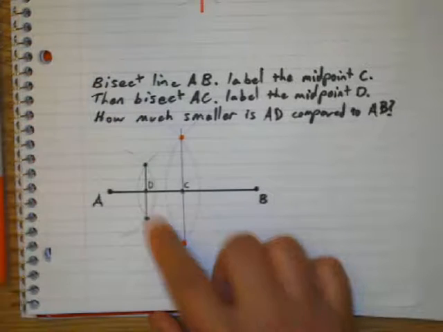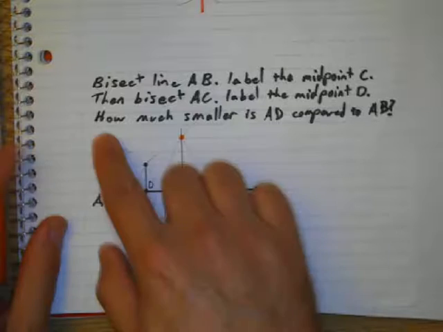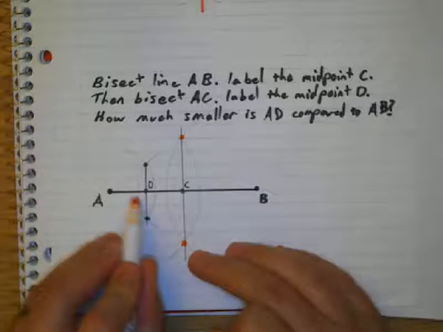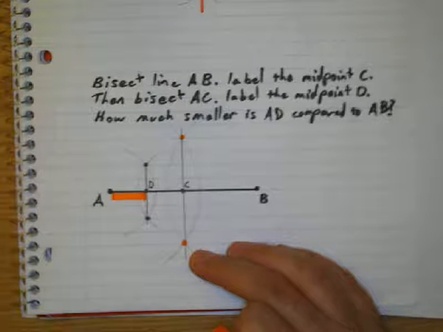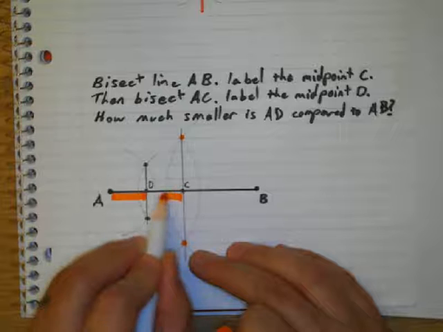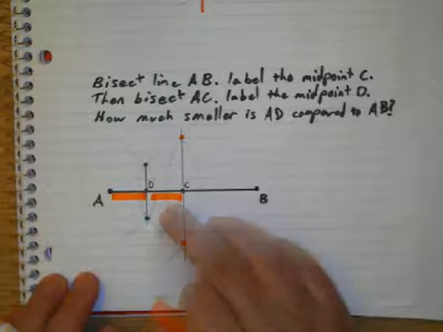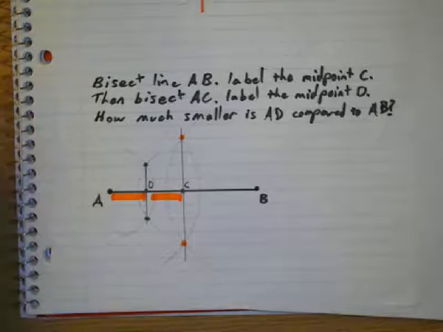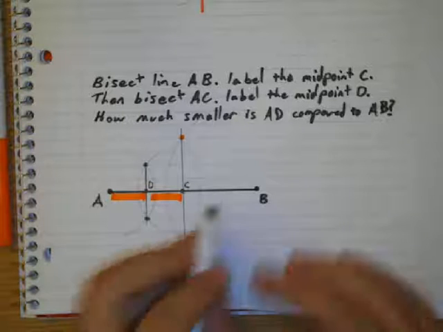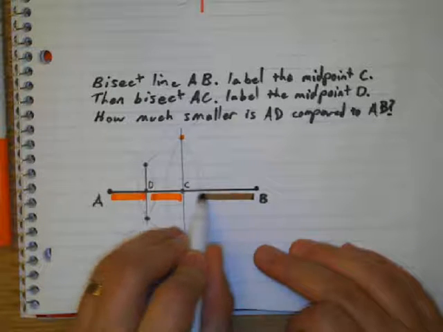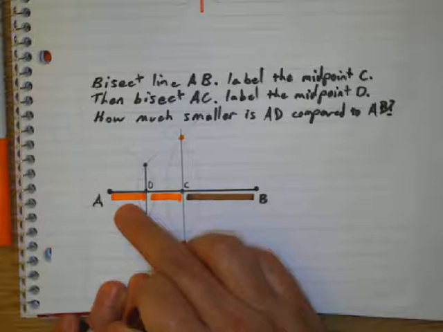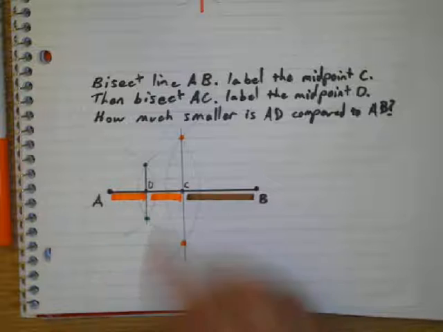Okay, now let's answer this question. How much smaller is AD than AB? So from A to D, that length is the same as this length, right? These 2 orange lines are the same length. And wouldn't you say that this length right here that I've highlighted in brown is the same length as these 2 orange ones put together?